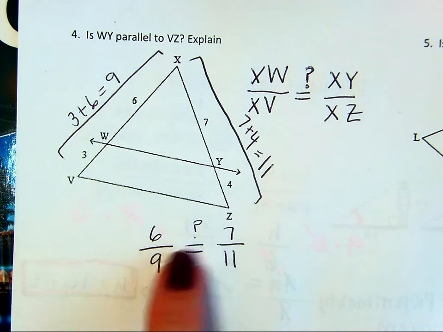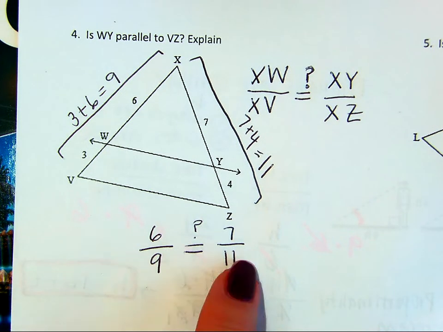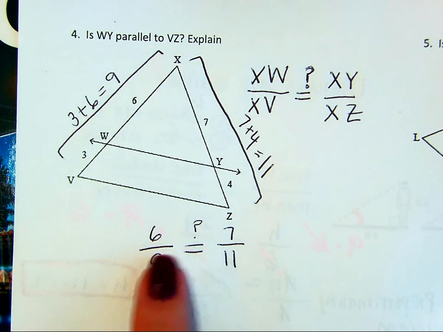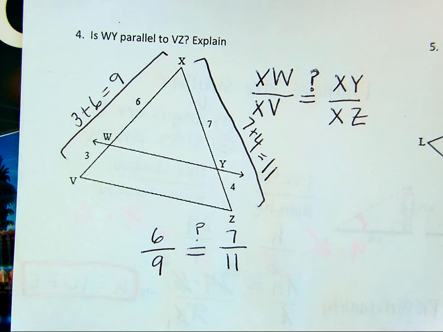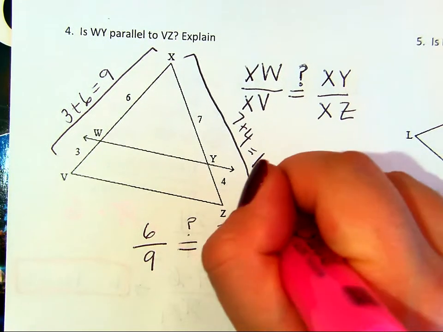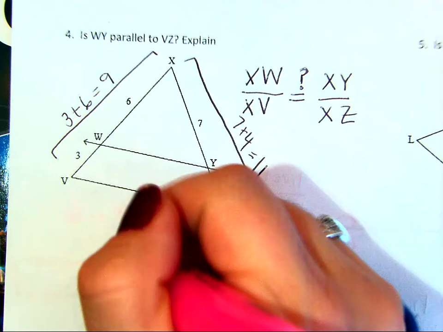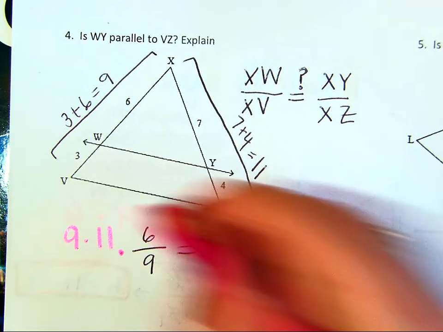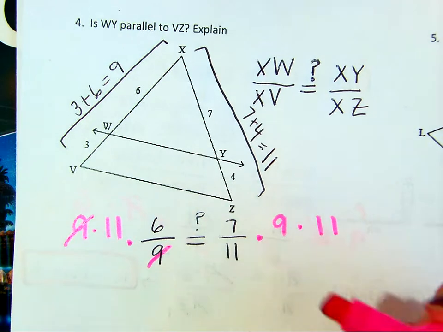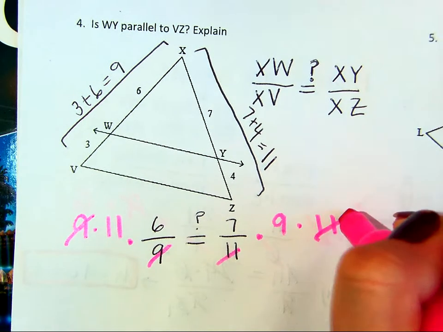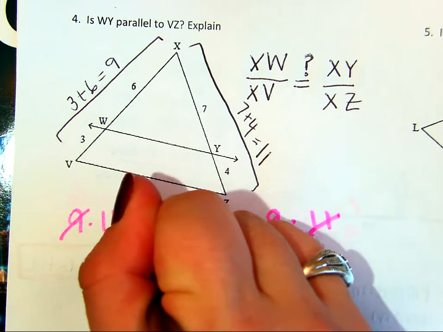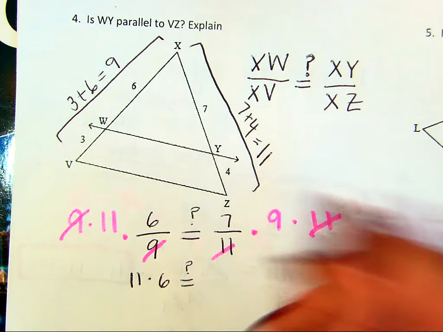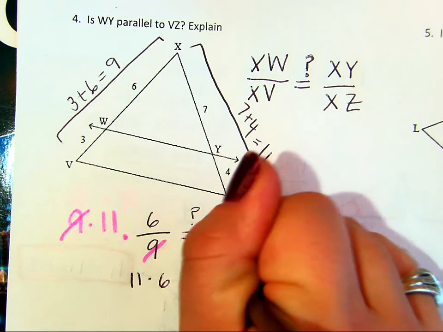So if you can't determine whether these fractions are equal to each other, we can get rid of the fractions by multiplying by both denominators. So multiply by 9 and 11 to one side, 9 and 11 to the other side. My 9's cancel, my 11's cancel. So 11 times 6, is that equal to 7 times 9?